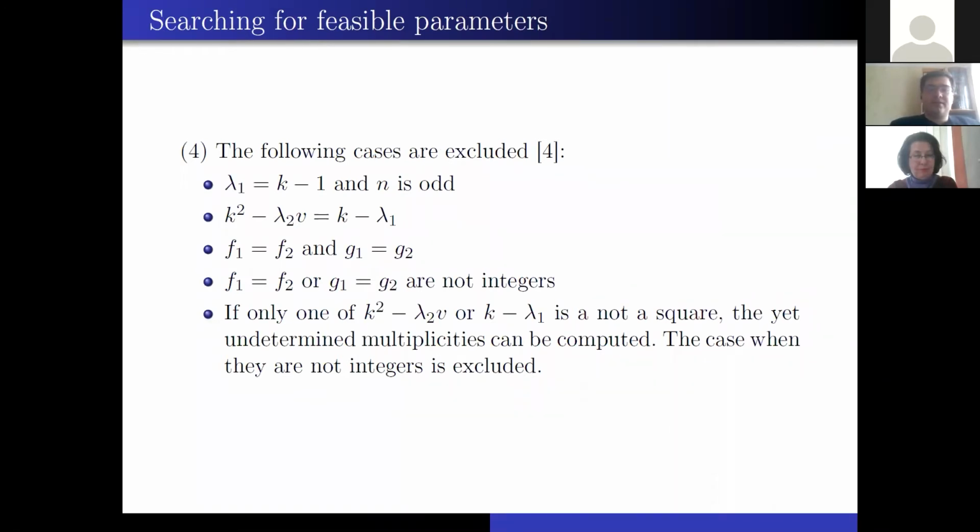The case when k squared minus lambda2 v equals k minus lambda1 is excluded. The case when the multiplicities for both sets of eigenvalues are equal is excluded. The case when multiplicities are not integers is excluded. And if only one of k squared minus lambda2 v or k minus lambda1 is not a square, the yet undetermined multiplicities can be computed. The case when they are not integers is also excluded.